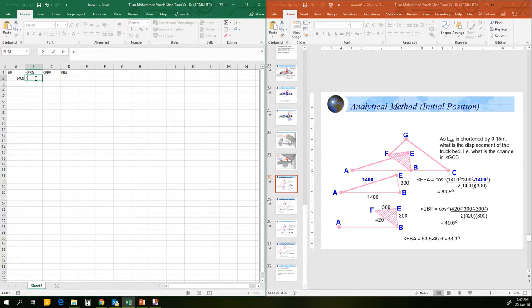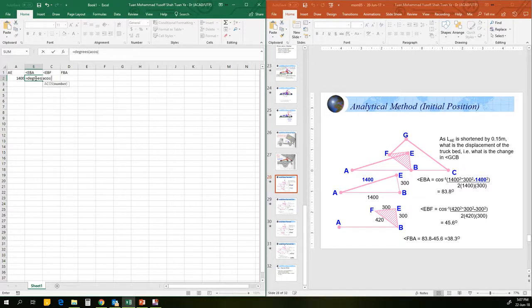Since we need it in degrees, there is a function that we can use to convert it into degrees. So it will be degrees, bracket, then arc cos.